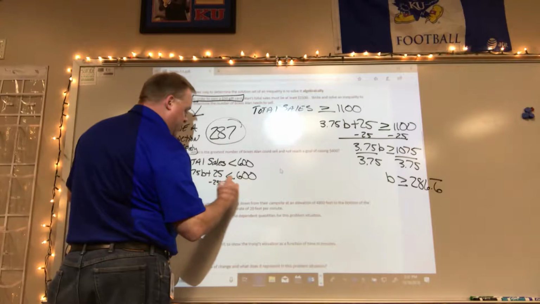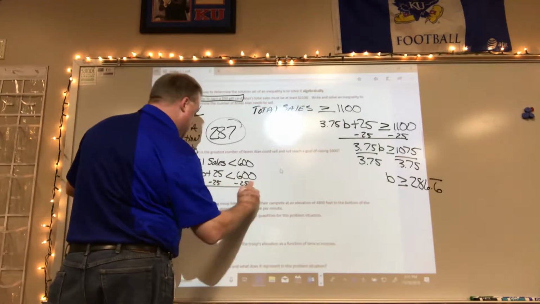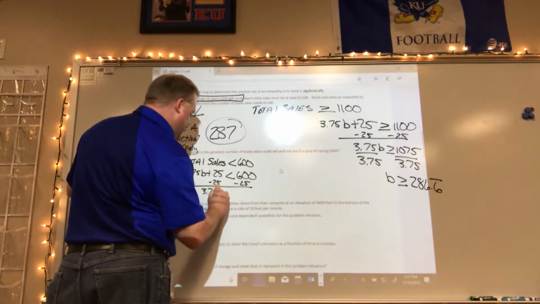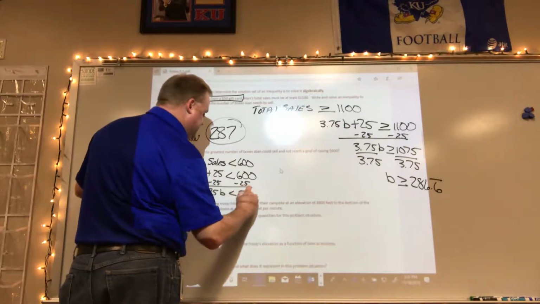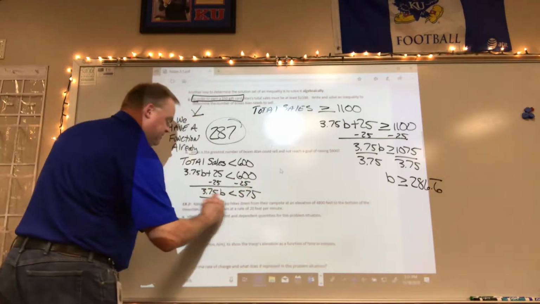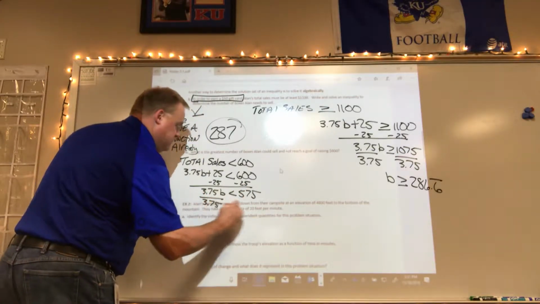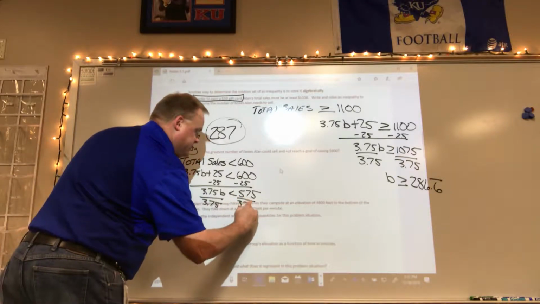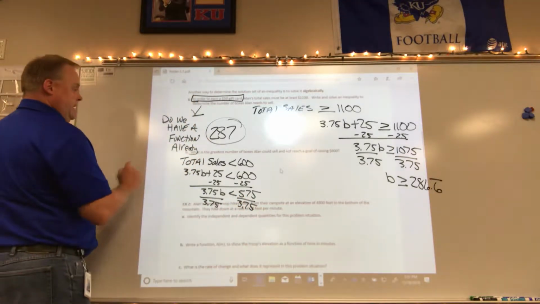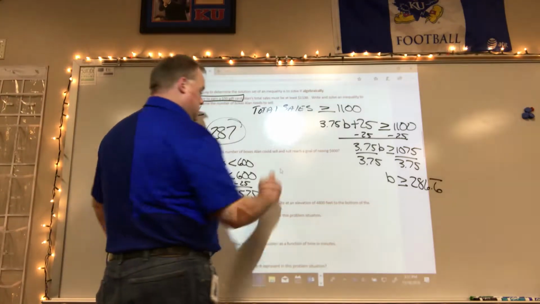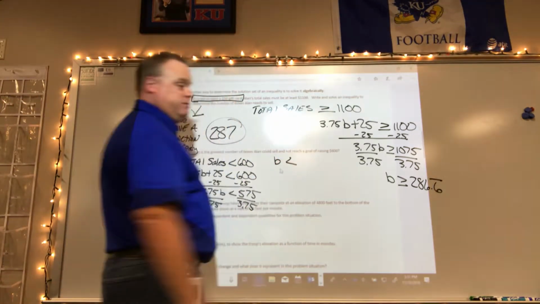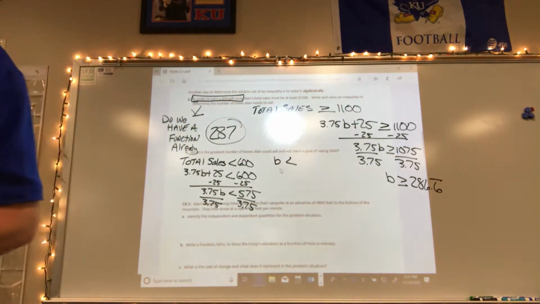Subtract 25 from both sides. And 3.75b is less than 575. Divide by 3.75, and b is less than or equal to, put it into your calculator.